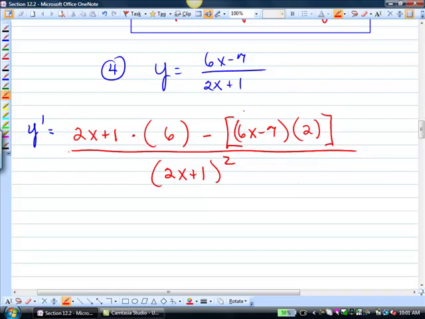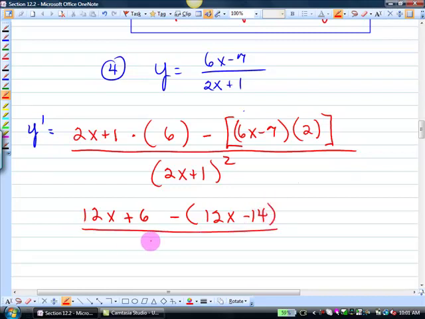So if I multiply 6 times that, I get 12x plus 6 minus 12x minus 14. Well, I haven't done the minus yet, so inside it's that, but you're right, it will change to that.